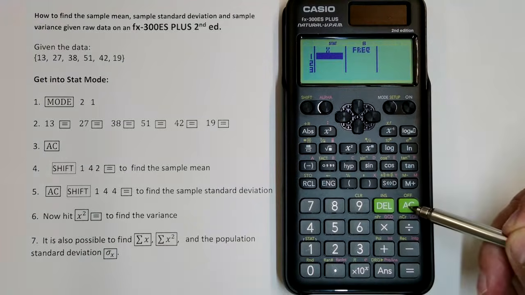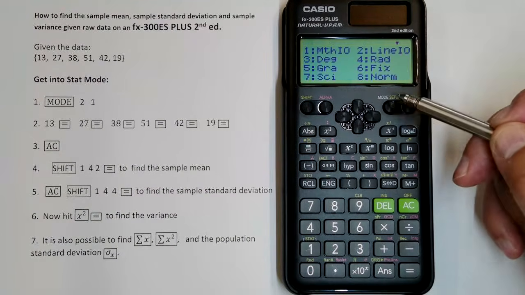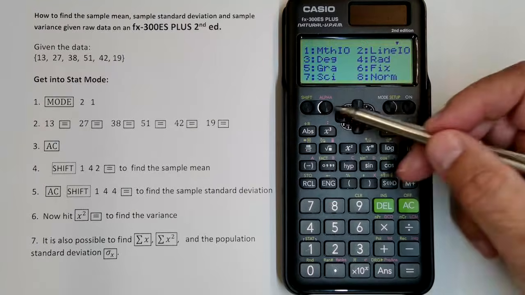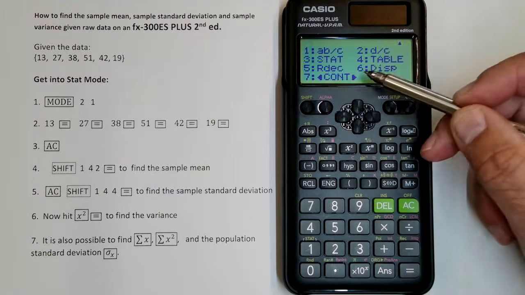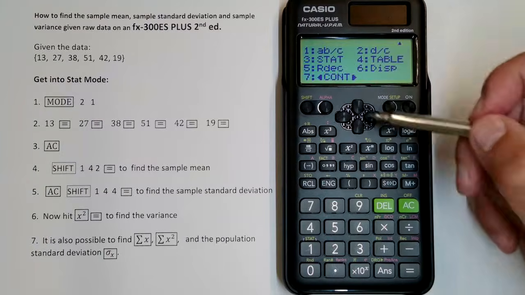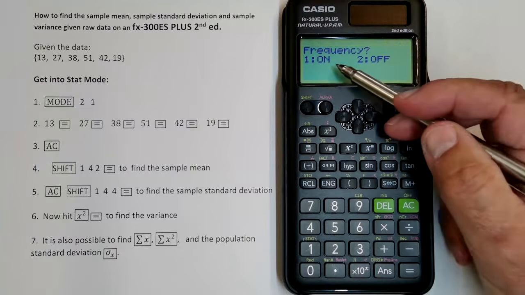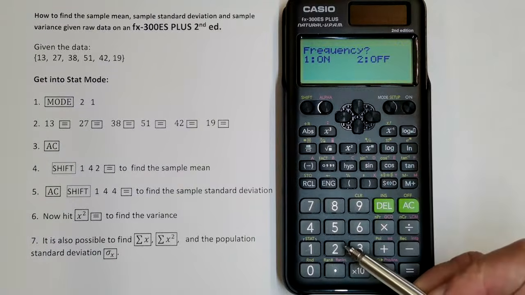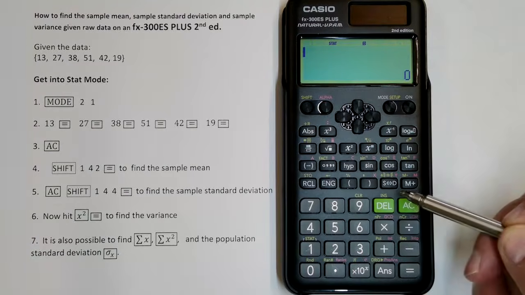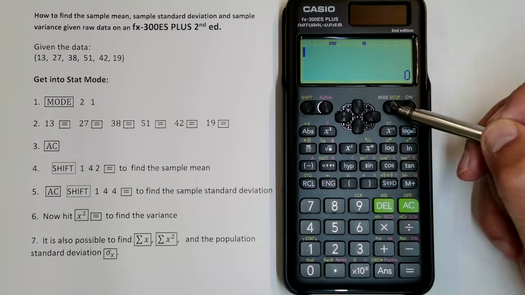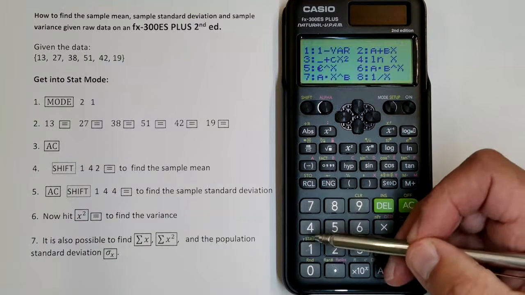So what we could do is clear it, shift, mode, and then go down. If you go down, the key in number 3 is statistics. It asks whether you want the frequency on or off. I don't really need the frequency for these, so go ahead, 2, and it would be off. Now I clear it, hit mode, number 2, and number 1 for one variable.